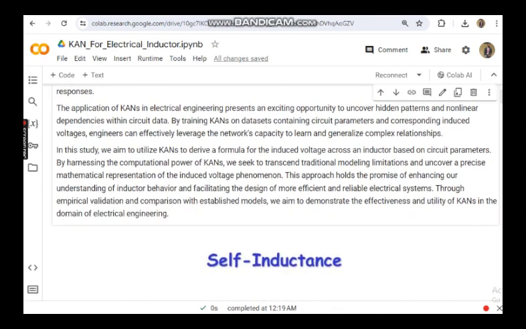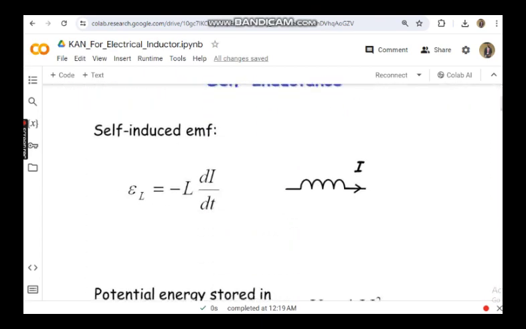So I decided to use this equation, the inductor equation, where the inductive voltage is directly proportional to the rate of change of current, and L, which is the inductance, is how much magnetic field this inductor can store.